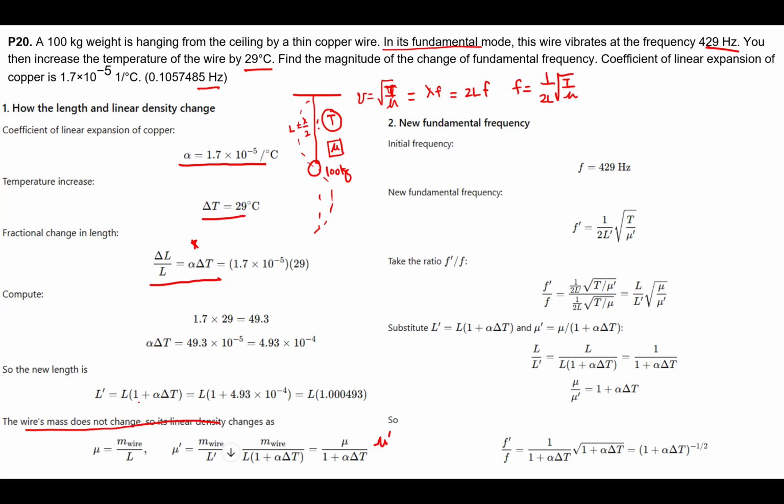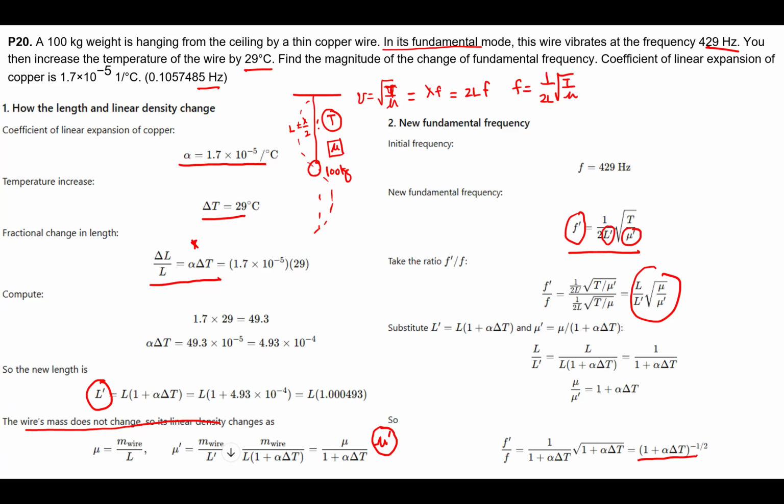Another thing is that we have a length change and a linear density change, and these will result in the new frequency. Change the length and change the linear mass density, then take the ratio and substitute. The frequency is going to be changed into this format.